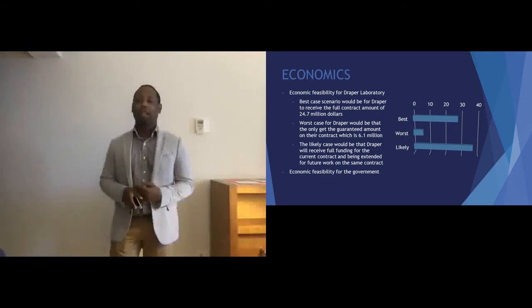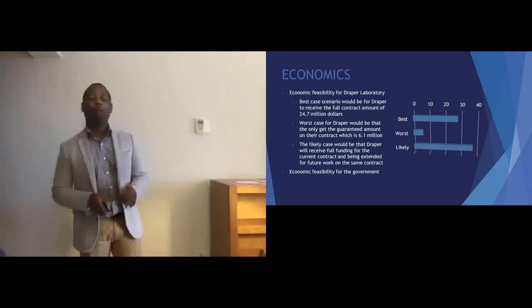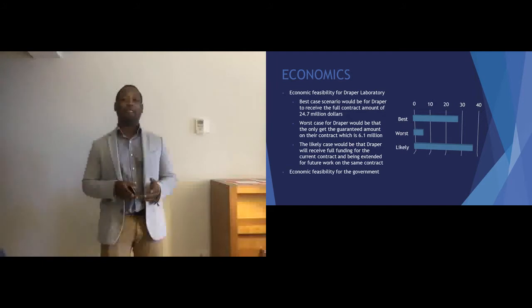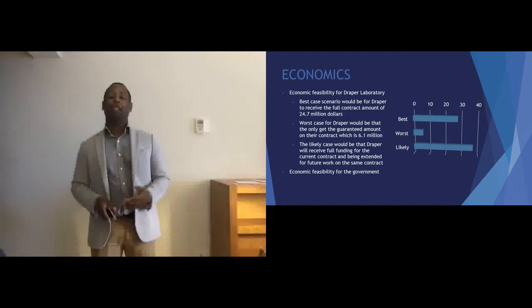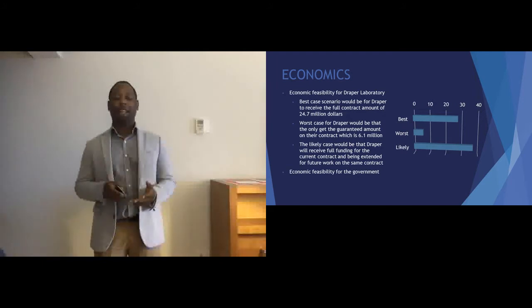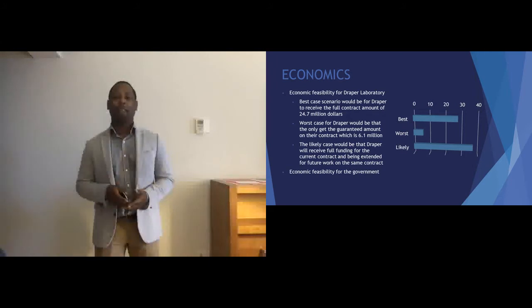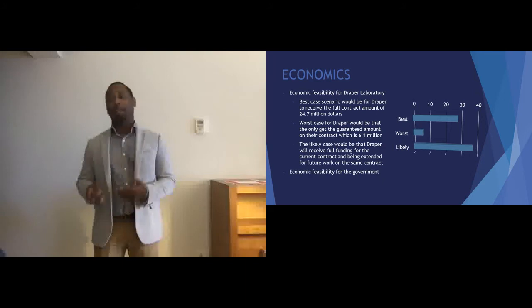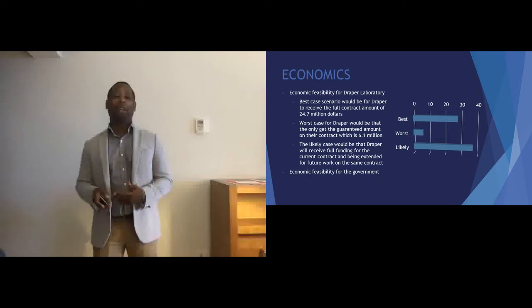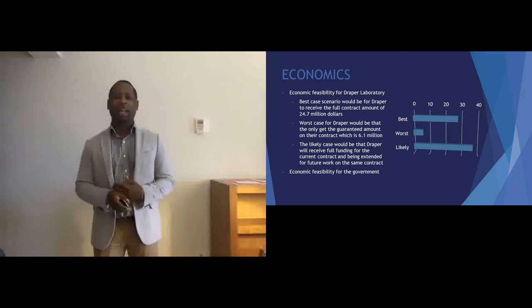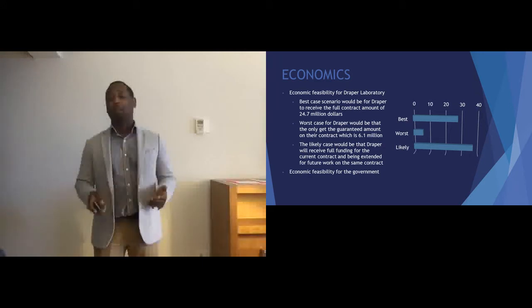The worst case scenario for Draper would be that they could only get the amount that they were guaranteed, which is 6.1 million. So that's a clause that is set in the contract by the government. They don't have to pay them the full 24. They only have to pay the 6 million. And in a case like that, it would probably be more like the government wants to cut that program, doesn't feel that it is necessary at the moment.